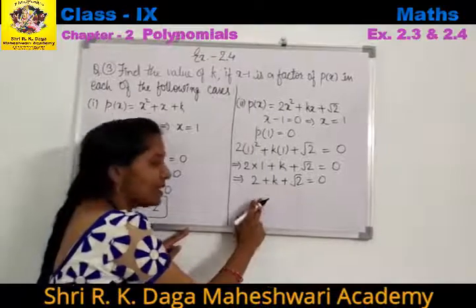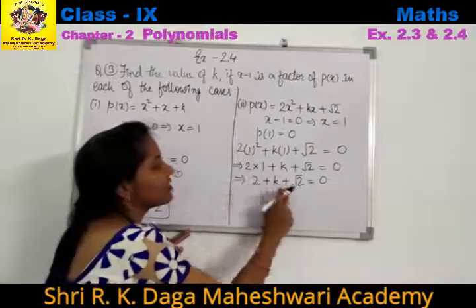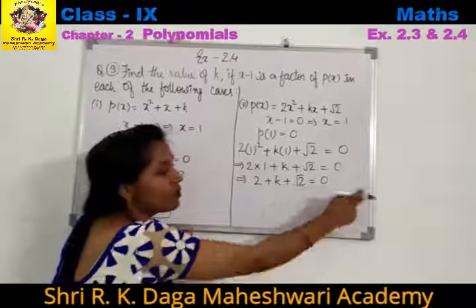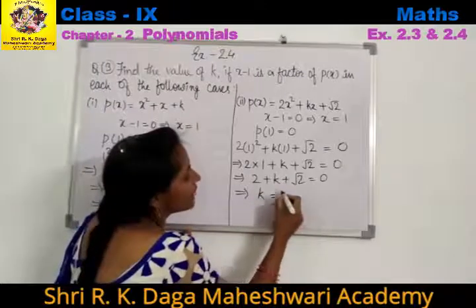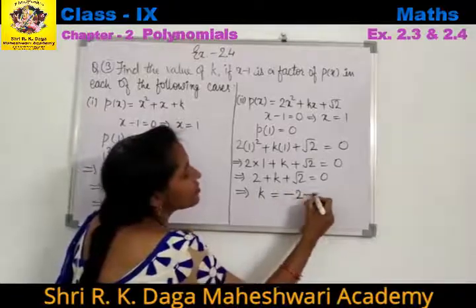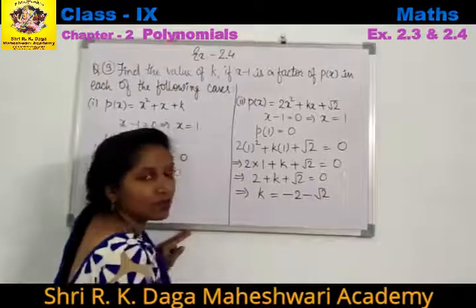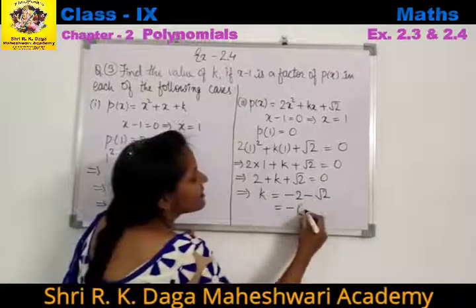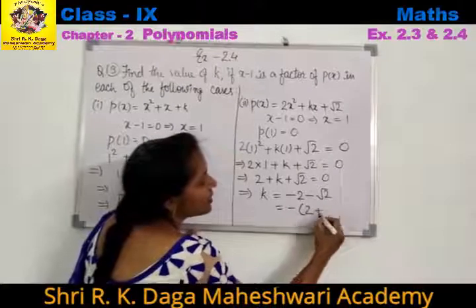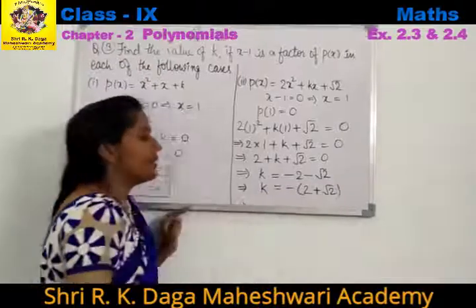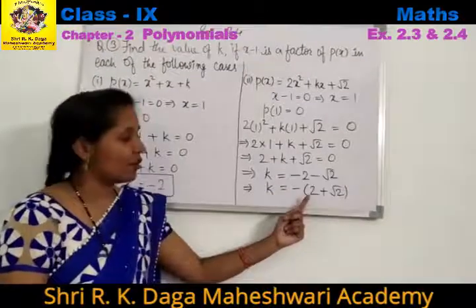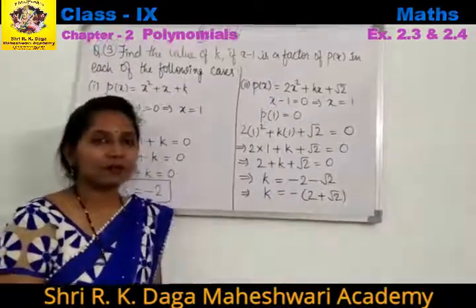So k will be on this side and we will shift this 2 and root 2 to RHS. Hence we get the value of k as minus 2 minus root 2, or we can write this as minus common, so 2 plus under root 2. Hence the value of k is minus of 2 plus under root 2.